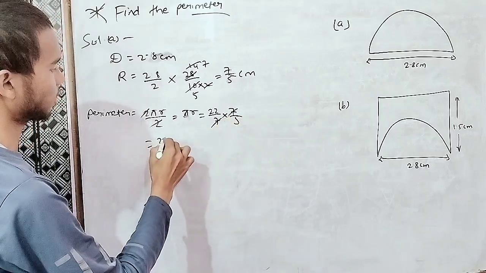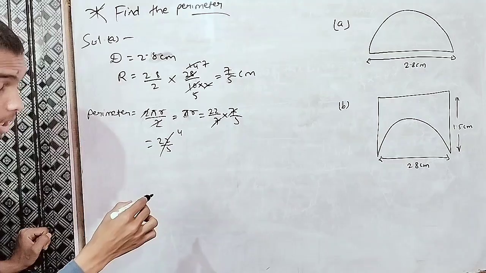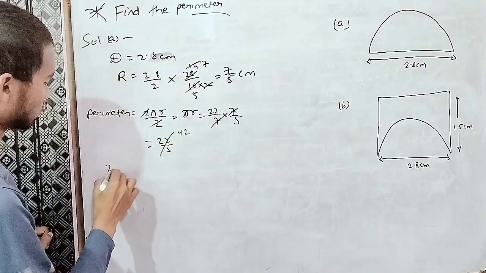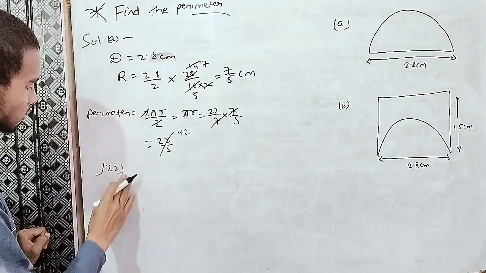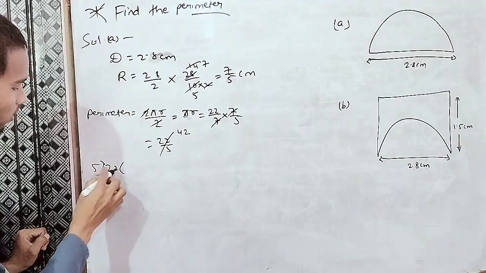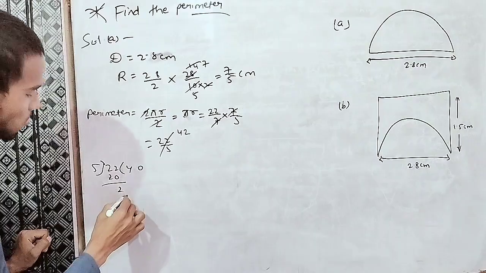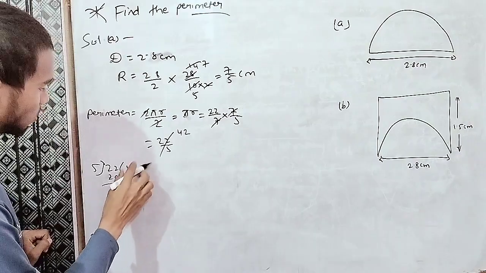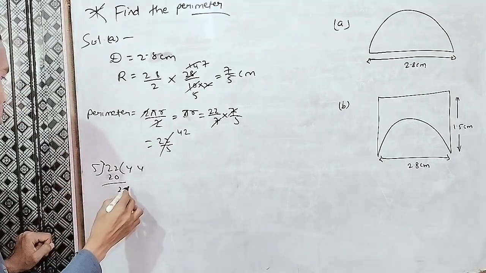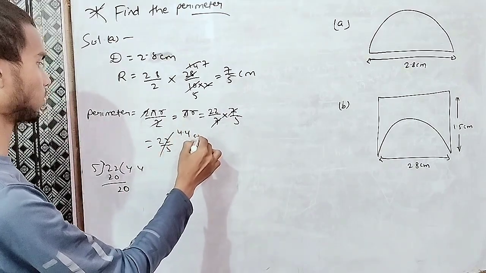Then we have 44 by 10, which is 4.4 centimeter.